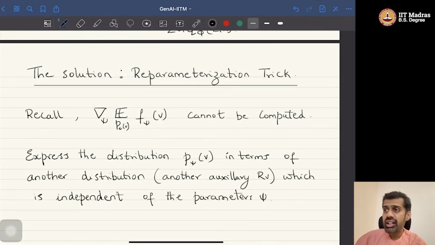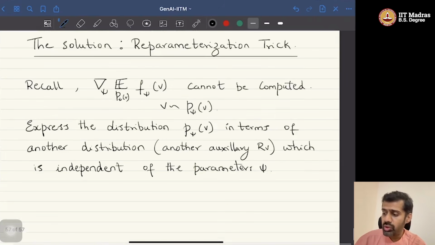The idea is to represent the distribution which we are sampling with respect to. Let me complete this story. This v is coming from p psi of v, the same distribution we are computing the expectation with respect to. So the idea in reparameterization is to represent this density function using another auxiliary random variable that is independent of the parameter psi.